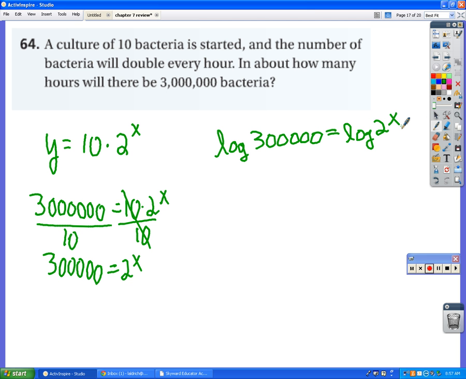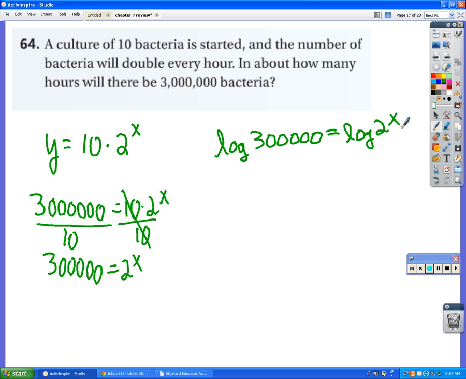Because it's not 2 times x, it's 2 to the x power. Dividing by 2 is not the inverse of raising it to the x power. If you divide by 2, that would be if it's 2 times x, but it's not. It's 2 to the x.